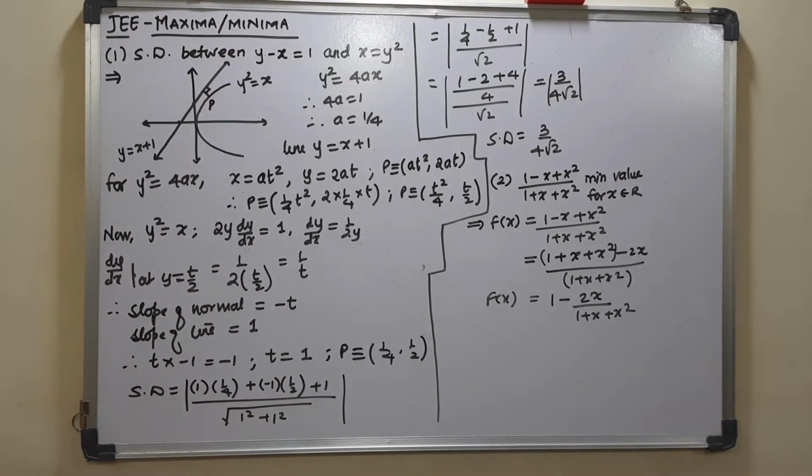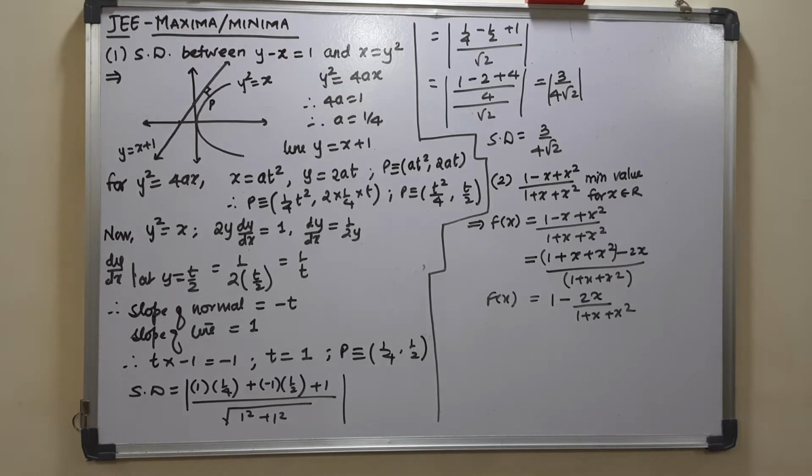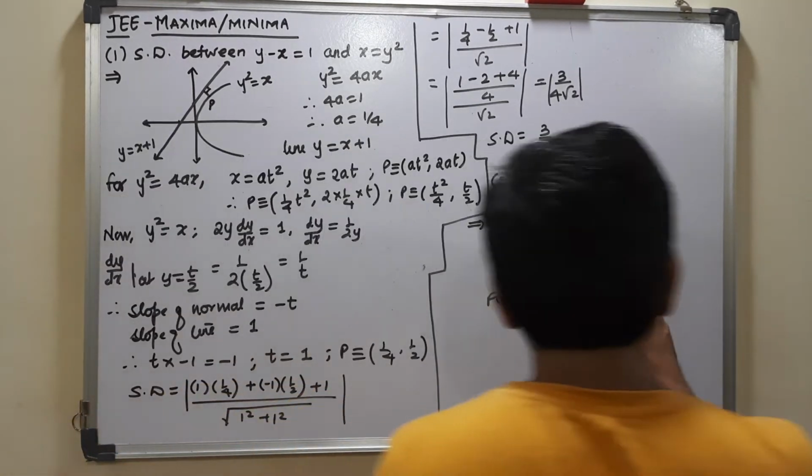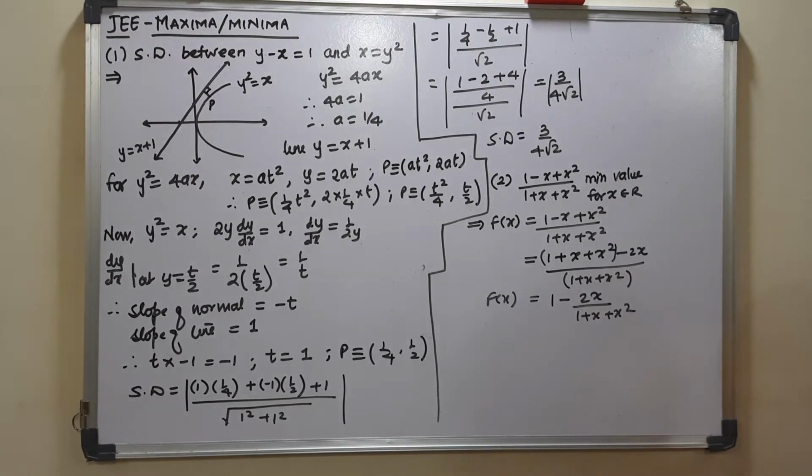This function of x will have minimum value provided the subtraction part, whatever is there, that is this particular part which has been subtracted, must be maximum.